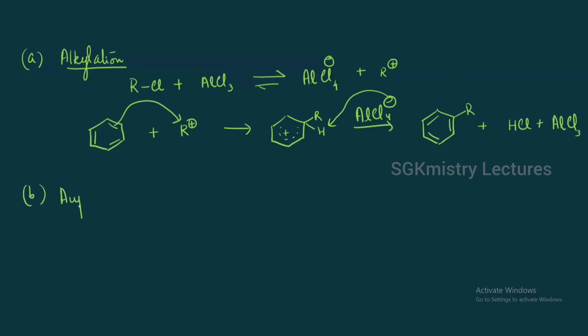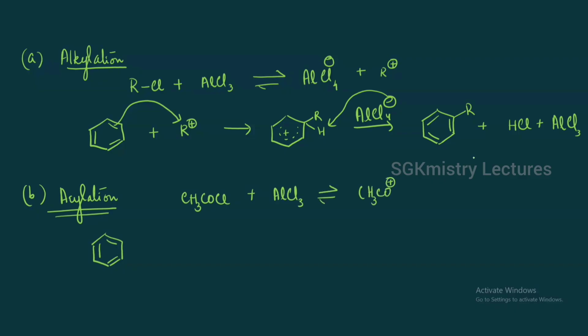Now talking about the acylation reaction. Similarly, you can take benzene. Before that, let us take CH3COCl in the presence of again aluminum chloride. So you're going to get CH3CO plus along with AlCl4 minus, like how we have discussed in the previous case. So now it will be CH3CO plus. It is actually the carbocation, although we write it here.